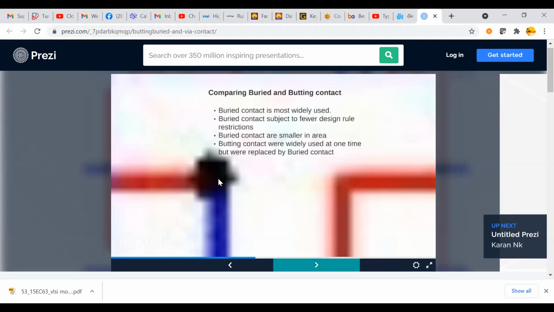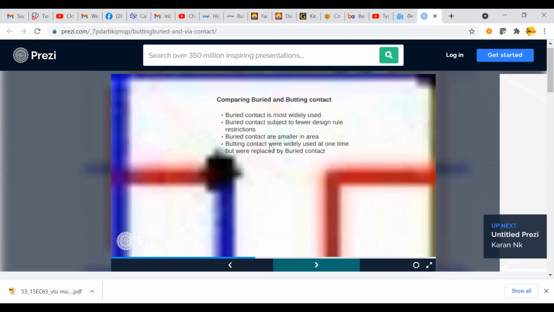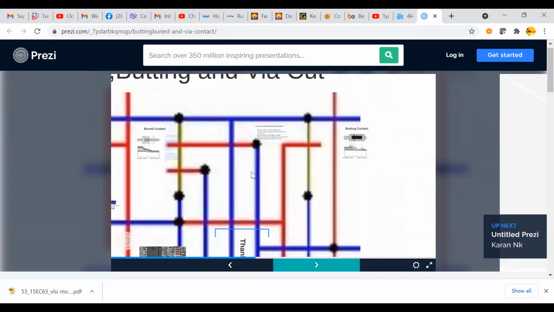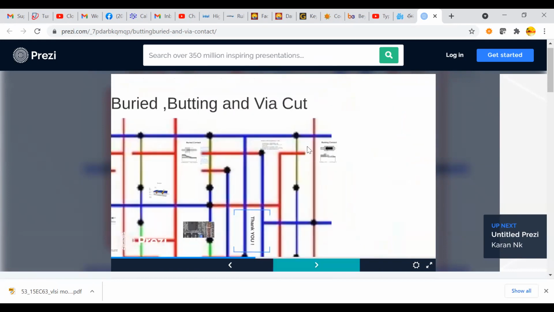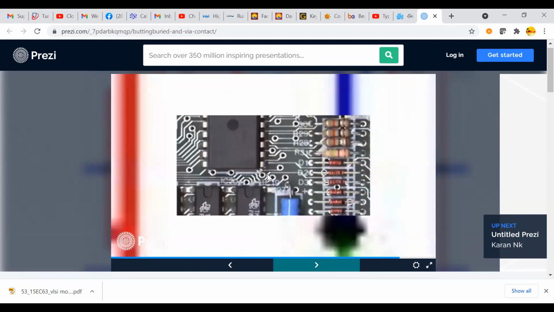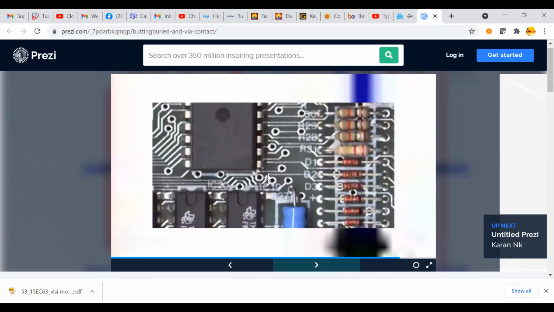So buried contacts are smaller in area. Butting contacts were widely used at one time, but were replaced by buried contacts. So in this picture, this is the way you can give the connections.